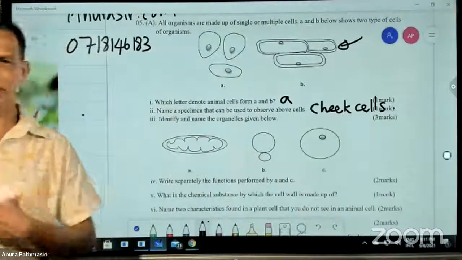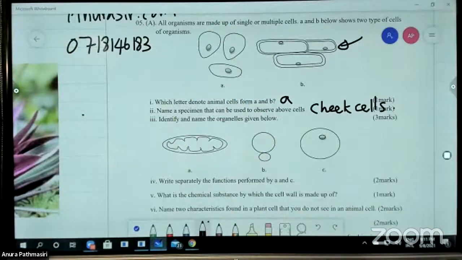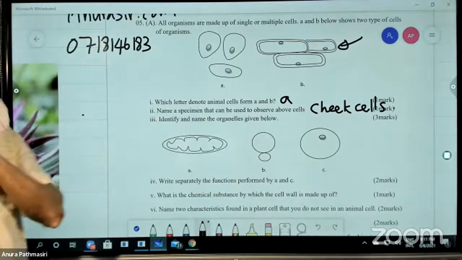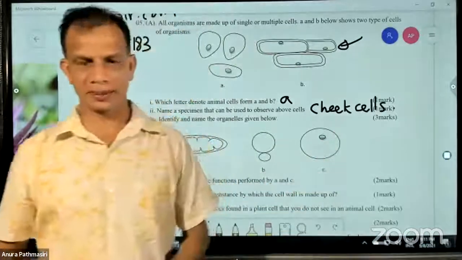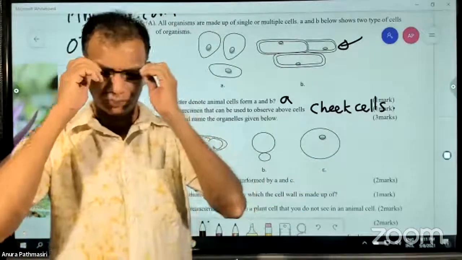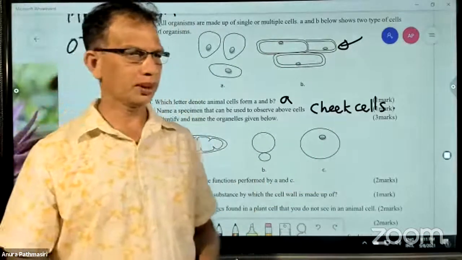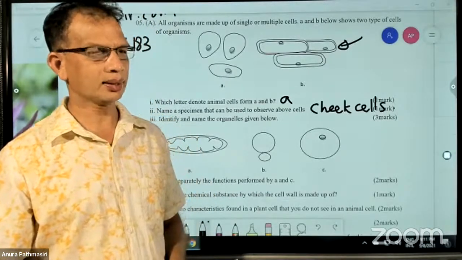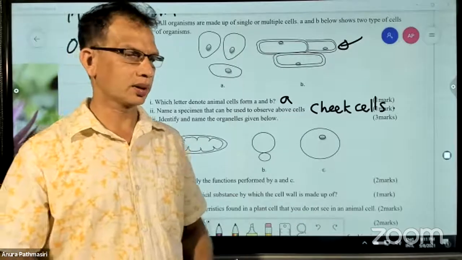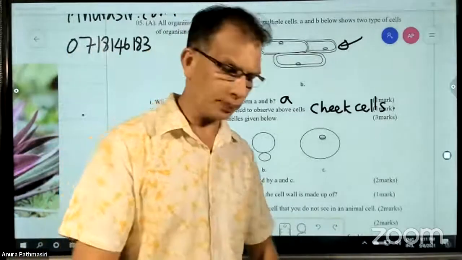Mitochondria, ribosome, and what is this organelle of the cell? Nucleus, yes, exactly. This is a plant cell.